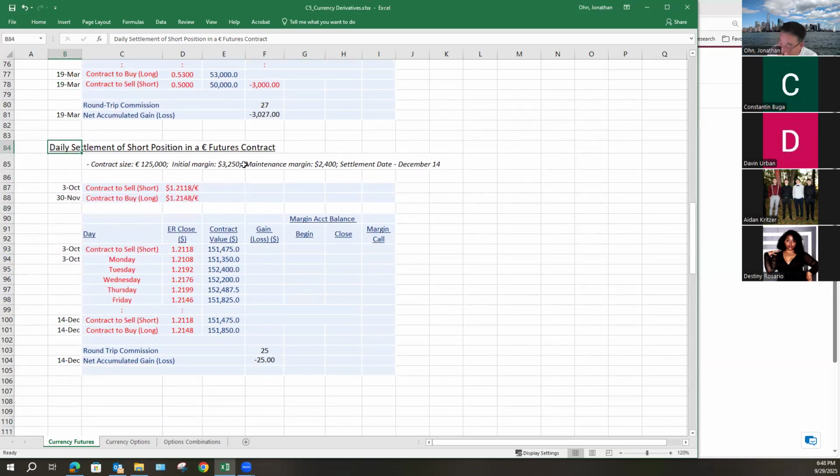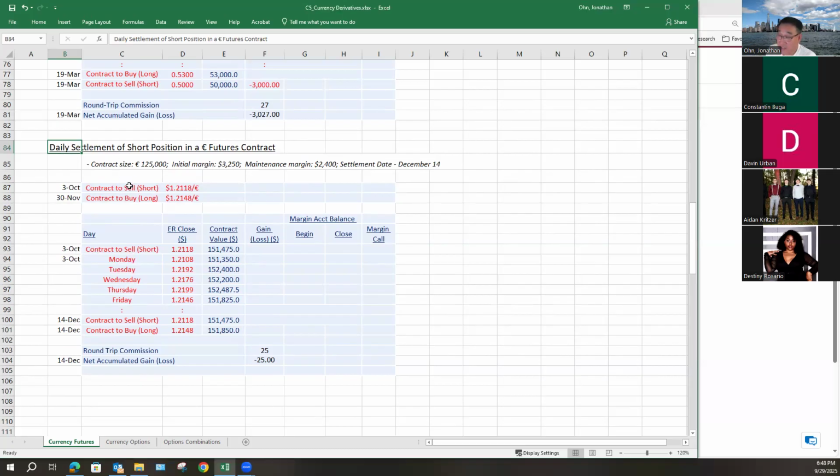Initial margin for the euro is currently 3,250. Maintenance margin is 2,400. The settlement date is December 14th. So October 3, that's the Monday. December 14th, that's the Wednesday. Okay, so let's do this one here.